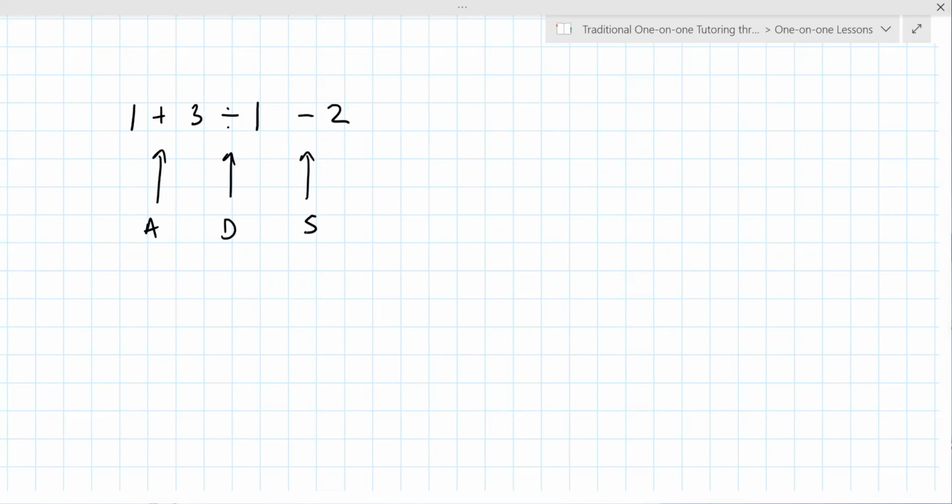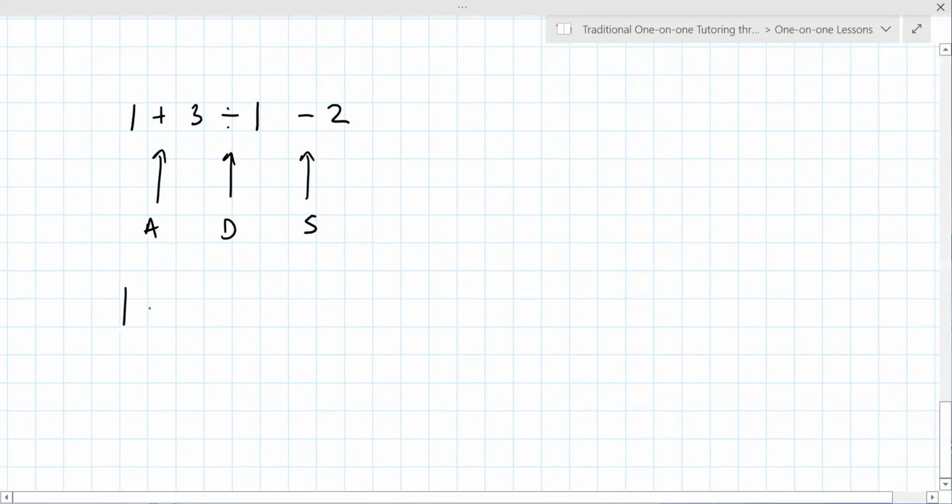Yes. So what is 3 divided by 1? 3. So this is 1 plus 3 minus 2.